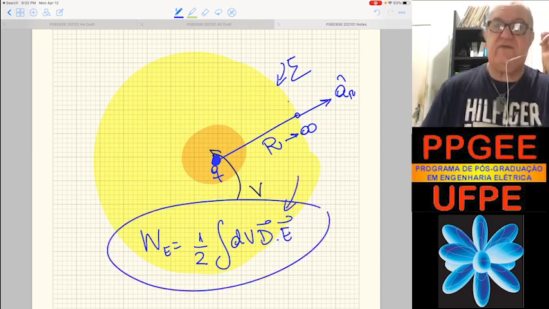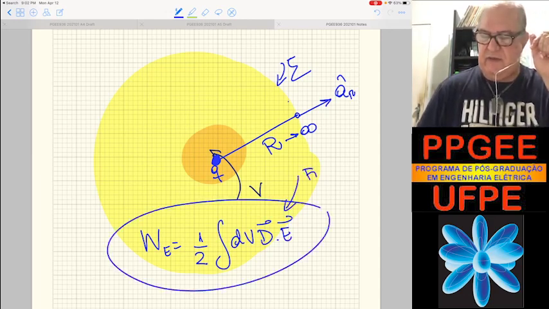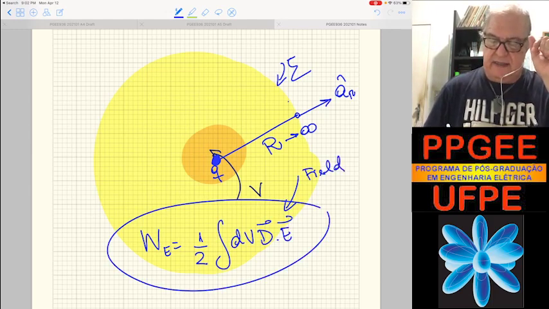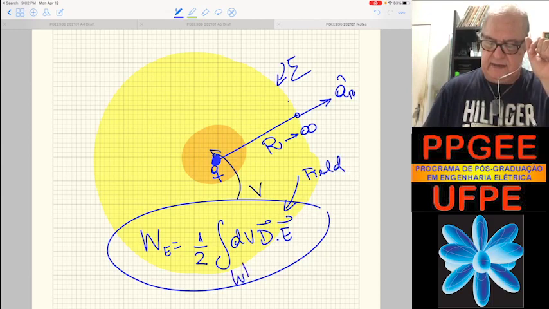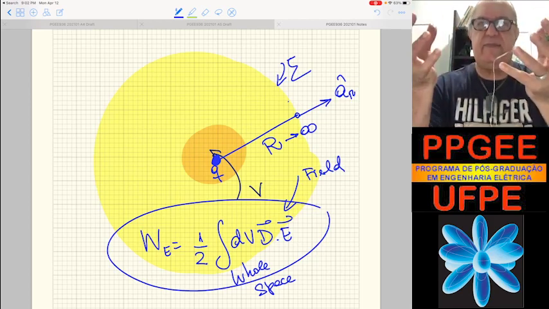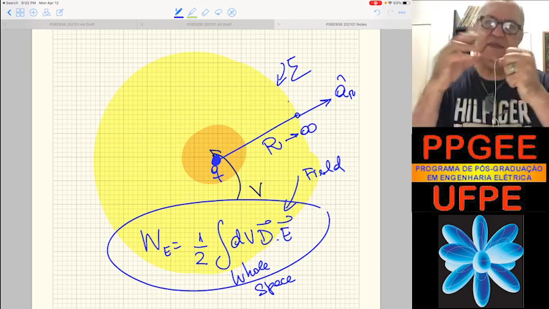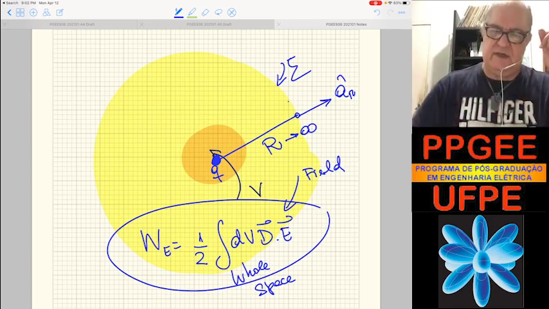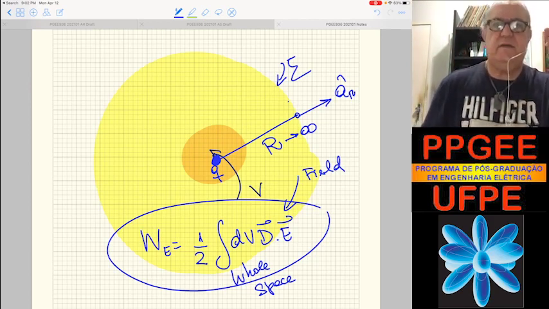This is the point of view of the field. There is no charge in the integral. The integral is made in the whole space. Wherever you have a field, you have to pick up that contribution. Otherwise, you are losing some parts of the energy term. Okay.